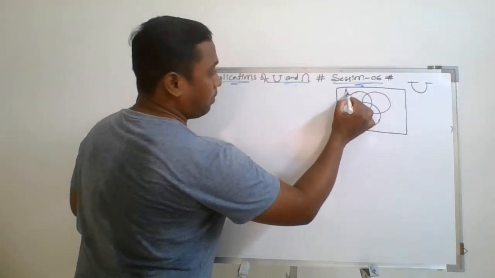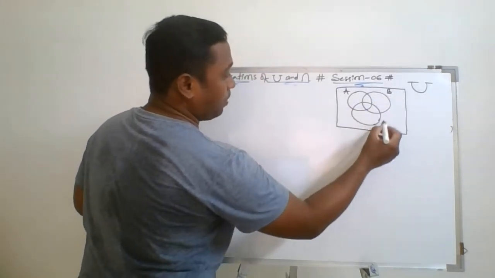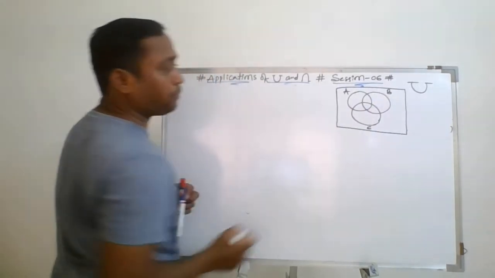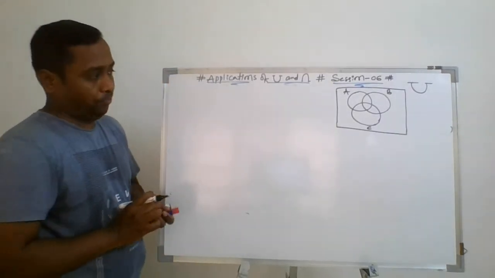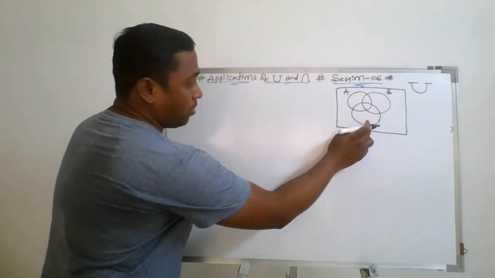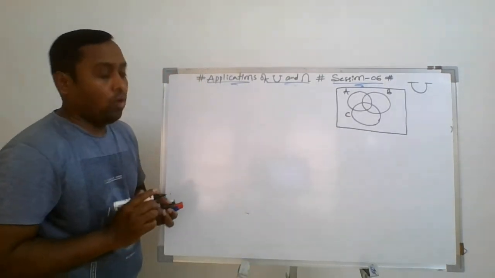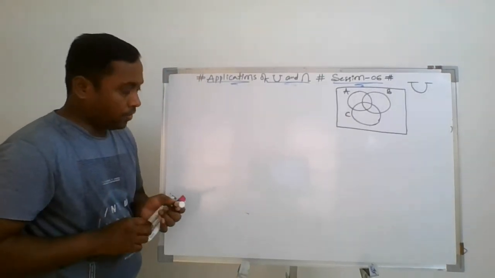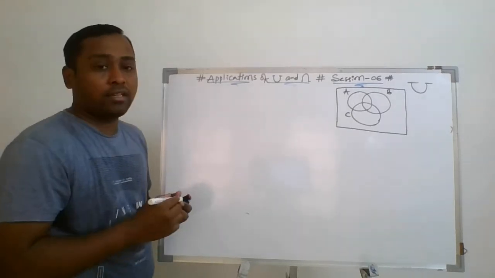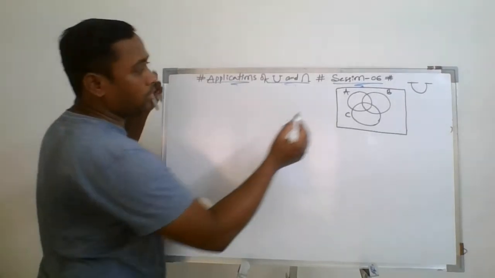The first circle is represented by A, second is B, third is C. Okay. So now what we are going to understand first, I'm just representing these portions here.